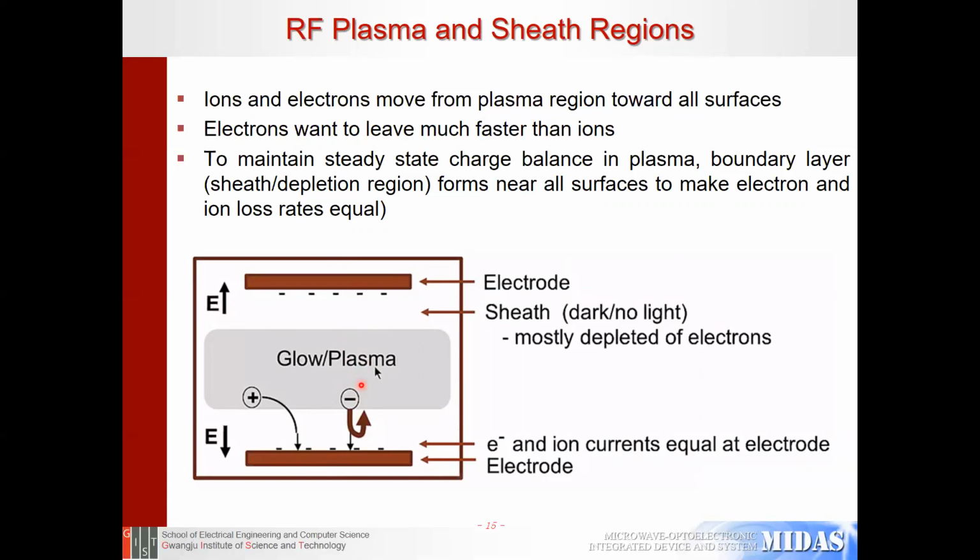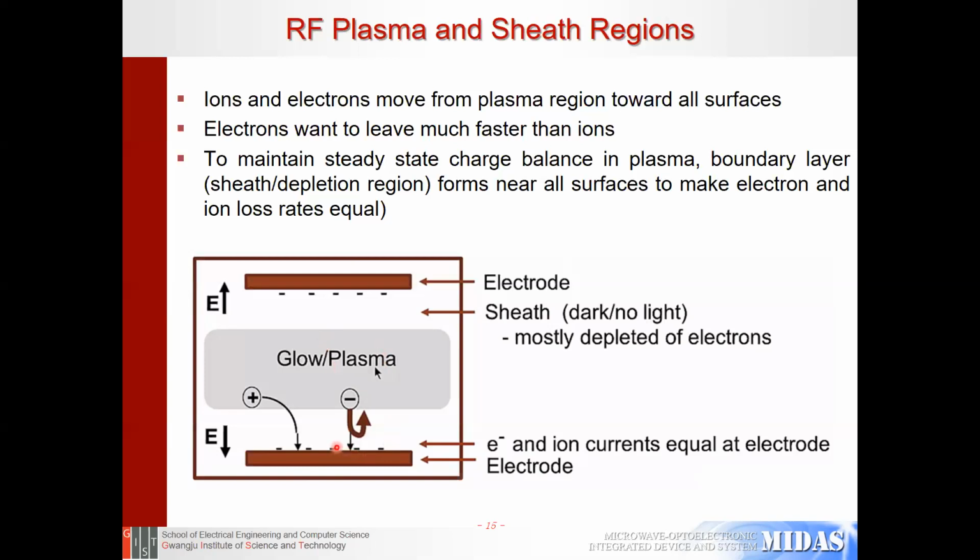The reason we develop these dark spaces is that the electrons, being very small, travel much faster than the ions. Their velocities are 100 times higher than the ions. So in the glow region, the first thing that is going to happen is that electrons are going to start streaming out of this region, and they are going to charge up the surfaces.